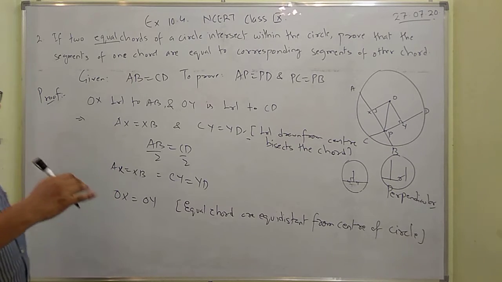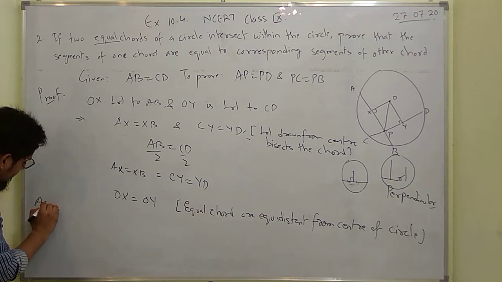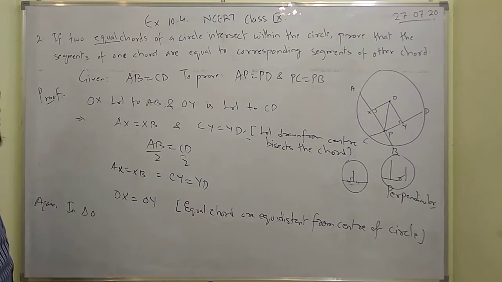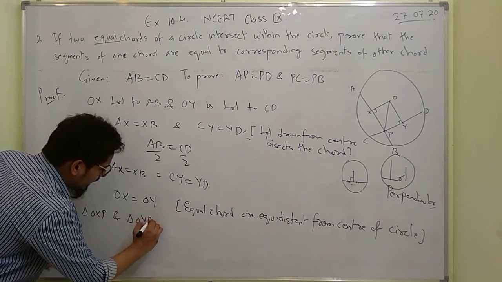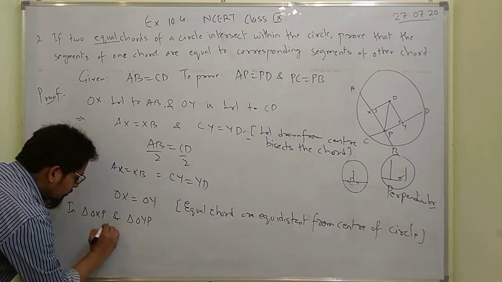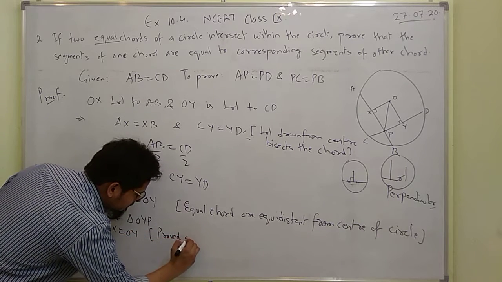Now I'll use congruency. I'm looking again in triangle OXP and triangle OYP. Okay? Now see, OX equal to XP, OX equal to OY. You write here proved above, right?